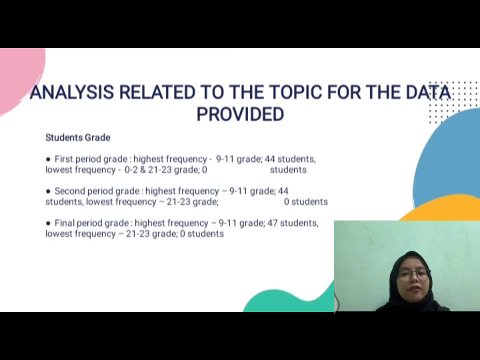While for second period grade, the highest frequency is 9 to 11 grade, which also have 44 students, and the lowest frequency is 21 to 23, which have 0 student. Lastly, for final period grade, the highest frequency is 9 to 11 grade, which have 47 students, and the lowest frequency is 21 to 23 grade, which have 0 student.